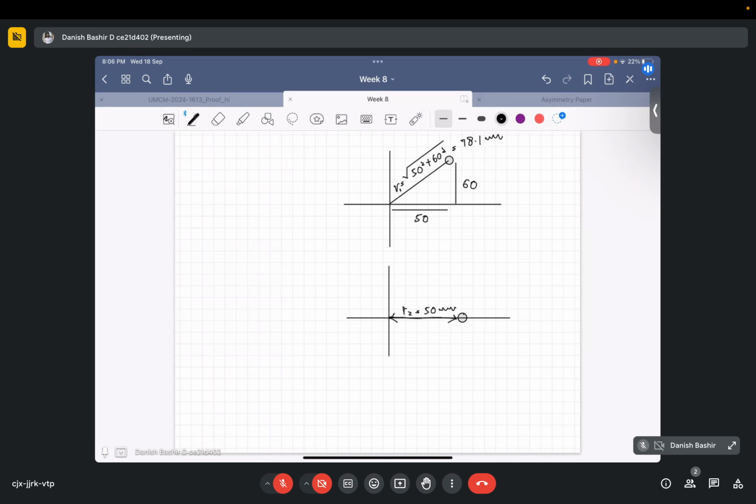So summation of r square: we have these 4 bolts and these 2 bolts.